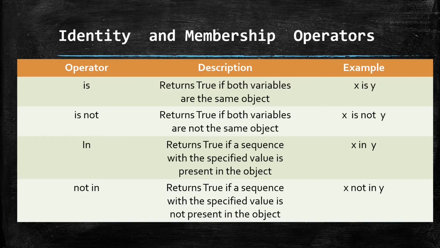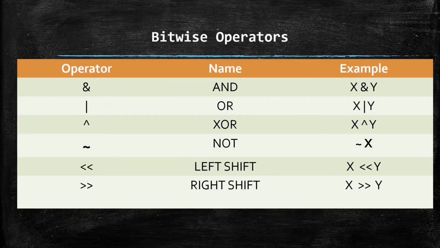Identity operators are simple. They check similar to equals, but instead of using the equals operator, we simply use is and is not. Membership operators simply check whether a specific value is in a sequence or not. And bitwise operators, as I said before, are special operators that use bits to perform operations on numeric values.